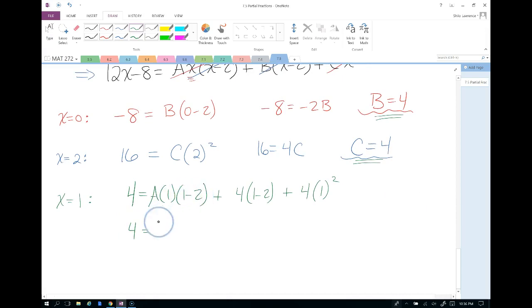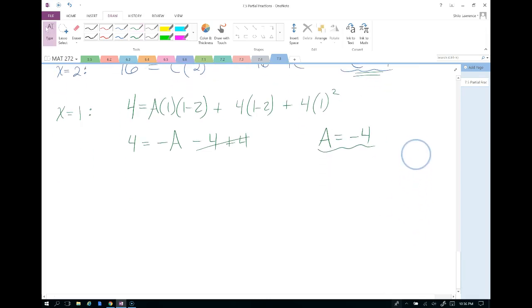So 1 minus 2 is negative 1. That just ends up as negative a minus 4 plus 4. So a equals negative 4. Which means our partial fraction decomposition is negative 4 over x plus 4 over x squared plus 4 over x minus 2.